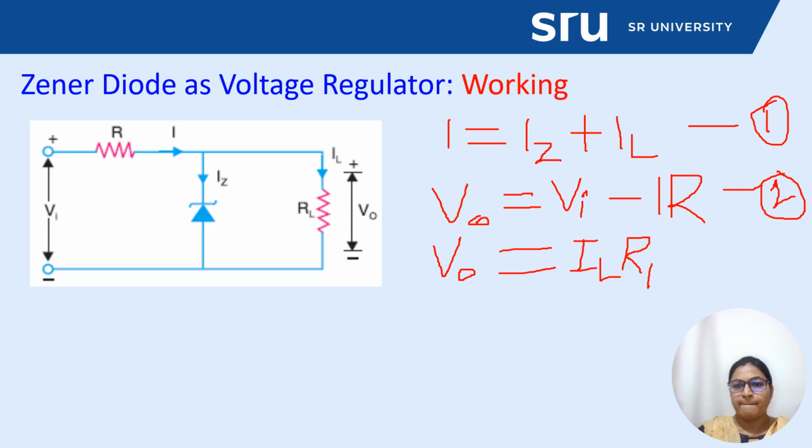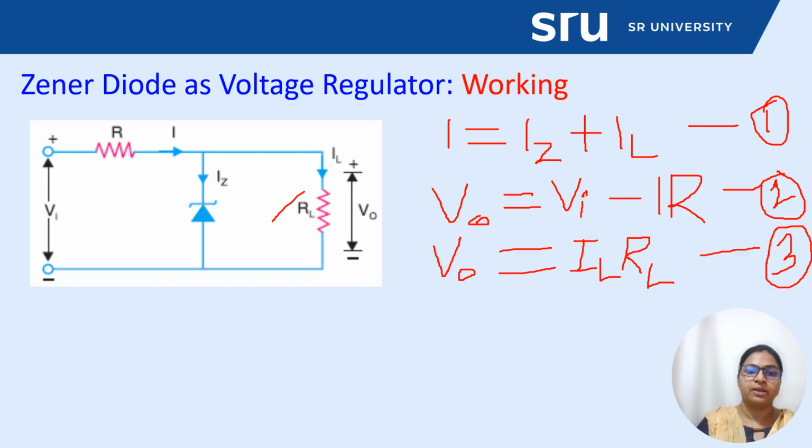So this is our equation number 3. Now the variation of the output voltage may be due to two causes. One is if the load RL varies, or if the input voltage varies.